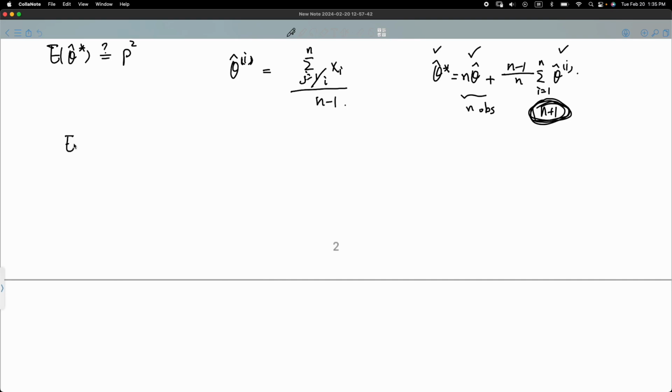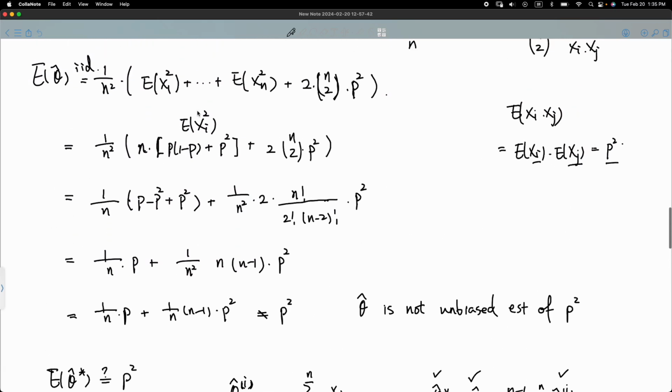So here we just estimate the expected value for theta hat superscript i. This is the same as the previous one, except that it's not n squared, it's n minus 1 squared.